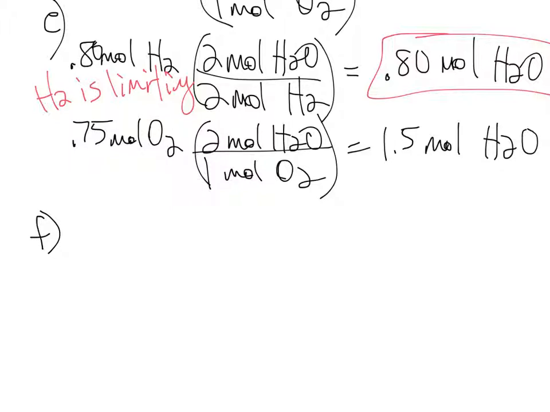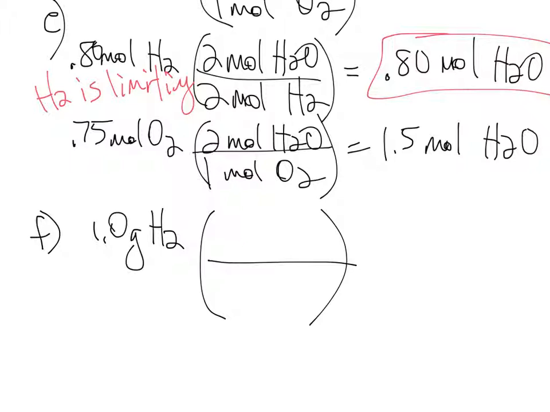In Part F, they're getting a little tricky on us. They give us 1.0 grams, not moles, but grams of hydrogen. And the other reactant, they give us 0.25 moles. In order to make a comparison, you've got to have units of moles, but they're trying to be a little tricky here. 1.0 grams of H2, we need to convert into moles first.